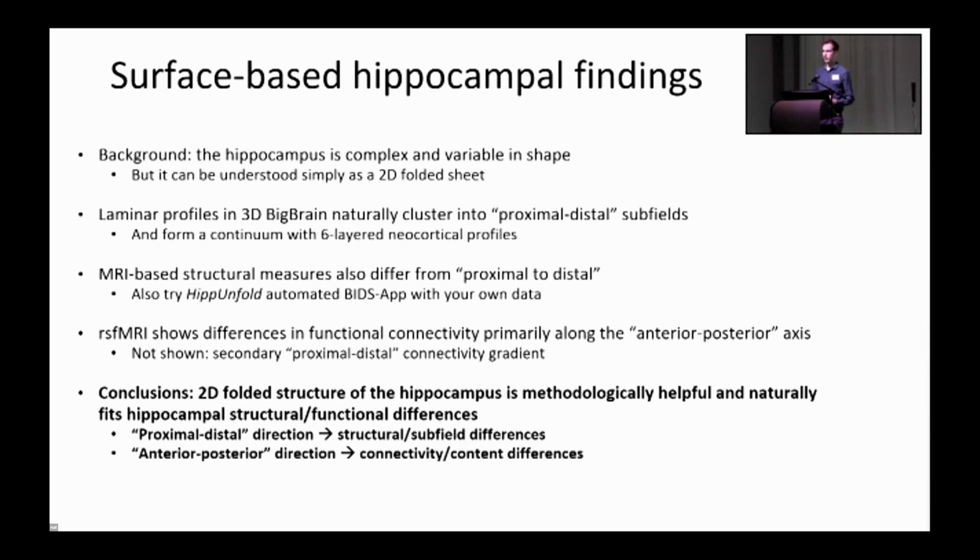There's been a lot of other work on this in the literature that I think has maybe been slightly confused by this inability to look at slices in different planes or consider the overall folded or curved shape of the hippocampus. And so what I want to show you is just a very simple model of the hippocampus that hopefully you agree fits both BigBrain data and fits with MRI-based observations as well.